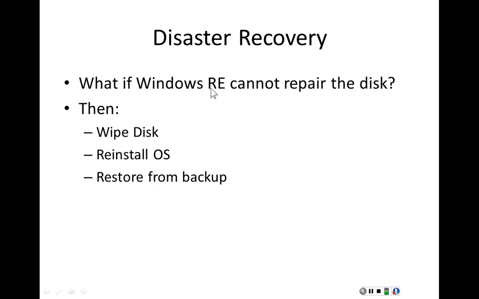But what if you run Windows RE and you still can't boot to the hard disk? Well, you've done everything you could. Then you wipe the hard disk, you reinstall the operating system, and you perform a restore from backup, which we will do in a minute.